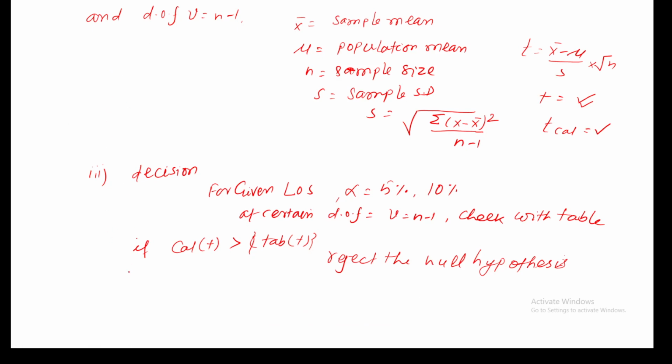And then you have to check, if calculated t is less than tabulated t, it means you have to accept H naught, meaning there is no significance.